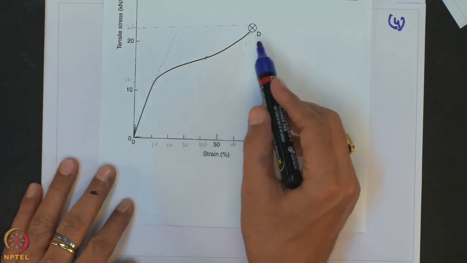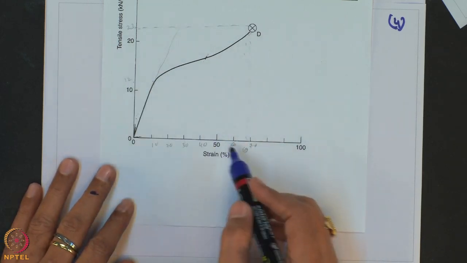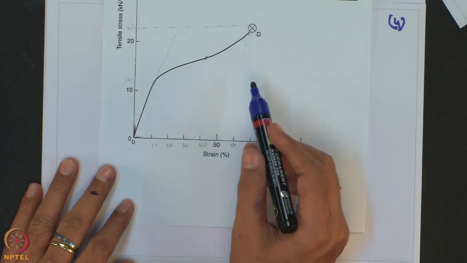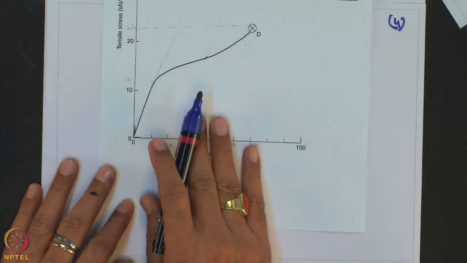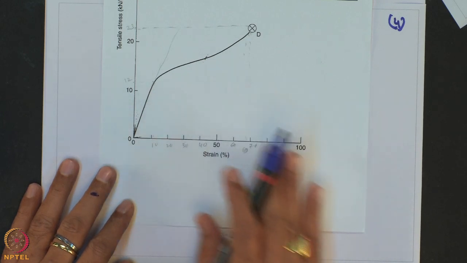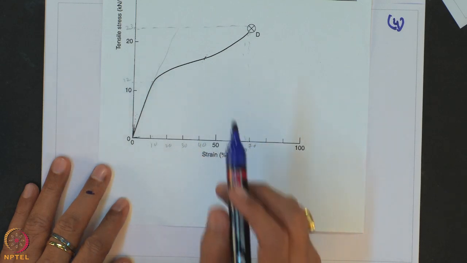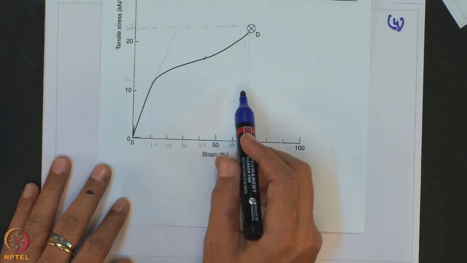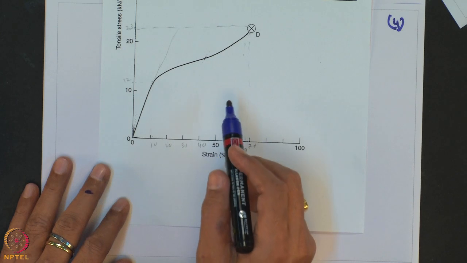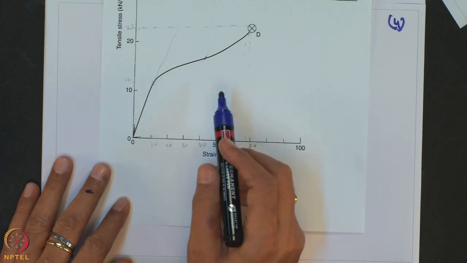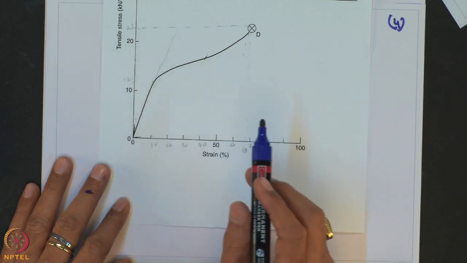For the non-woven geotextile material, the tensile stress versus strain relationship curve is shown, and from this curve we want to determine the strain, the elongation, the toughness, and the modulus of this geotextile material.